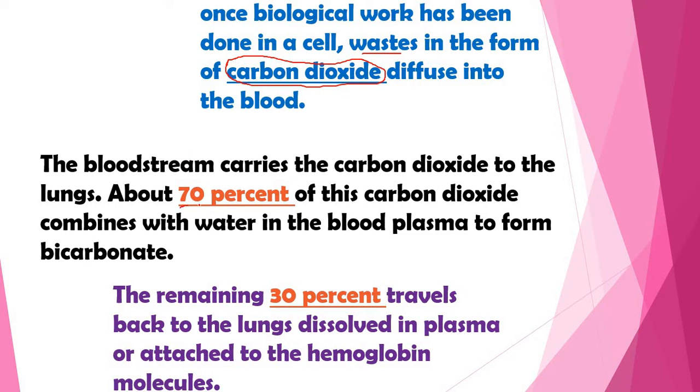First, 70% of this carbon dioxide combines with water and forms bicarbonate, a chemical material called bicarbonate. The remaining 30% returns back to the lung, dissolved in the plasma or attached to the hemoglobin molecules.